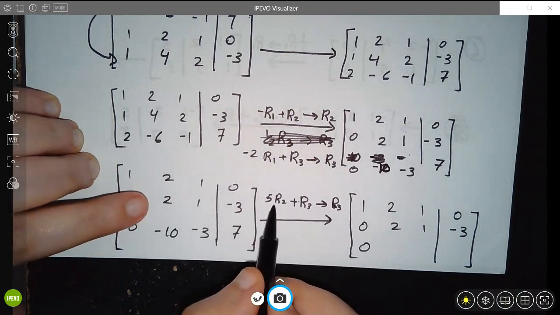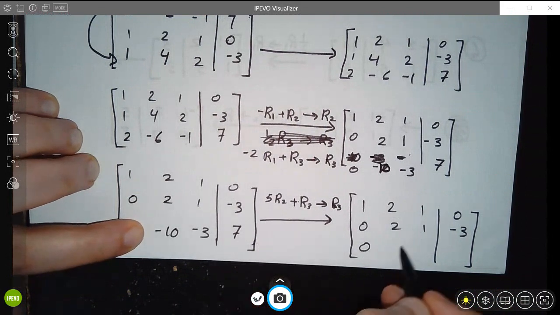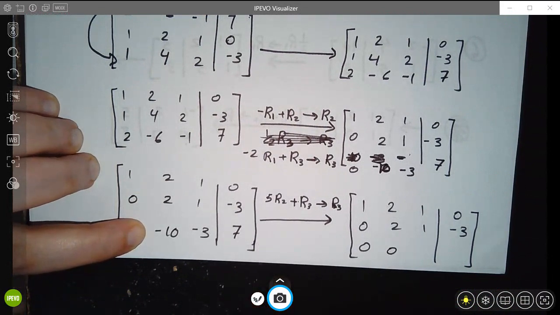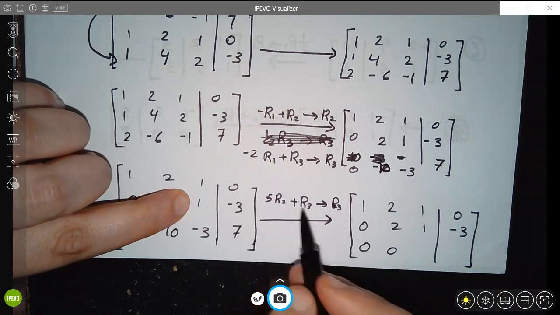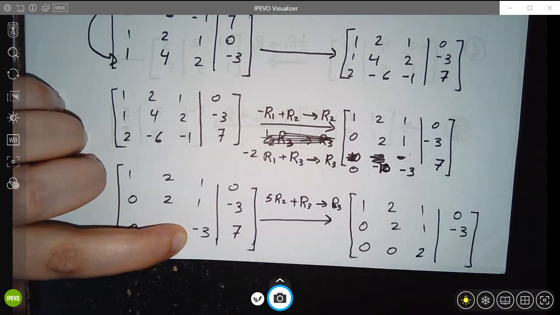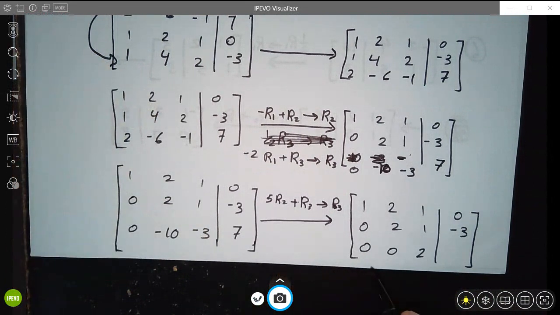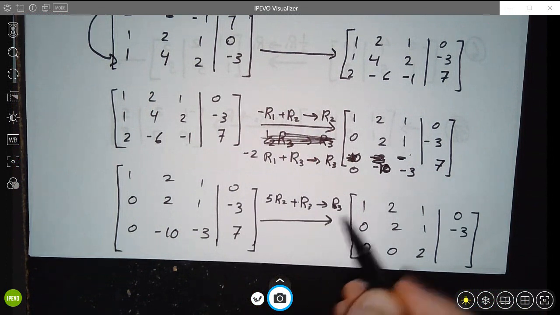Now, 5 times 2 is 10. 10 plus -10 is another 0, right? Now, 1 times 5 is 5. Plus -3 is a +2 over here. And 7 times 5 is 35, right? So, no, sorry, I'm multiplying the -3. See, I got confused. -3 times 5, right? That's -15 plus the 7 gives you a -8.